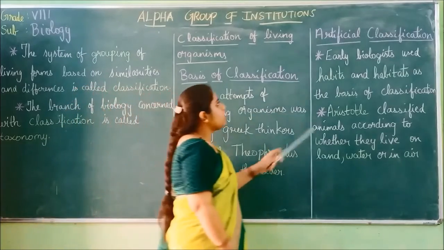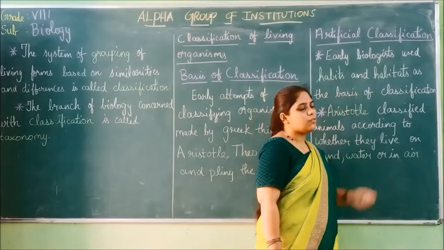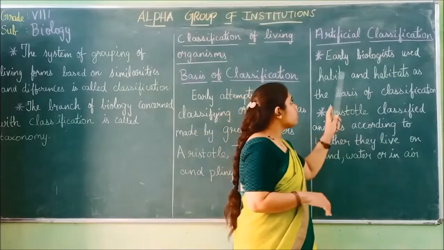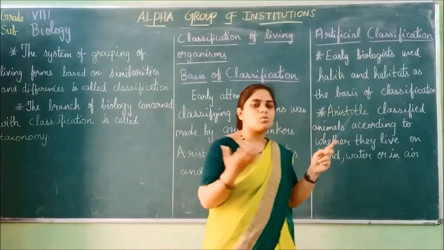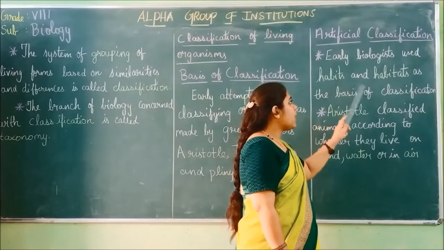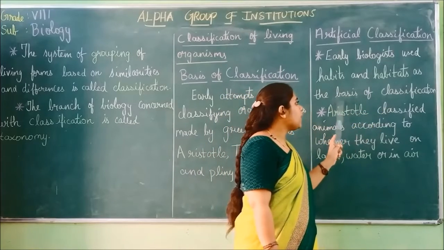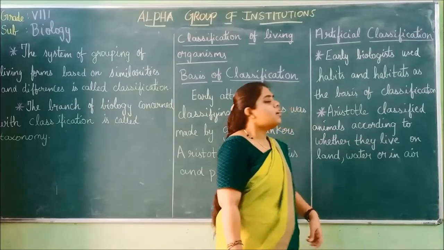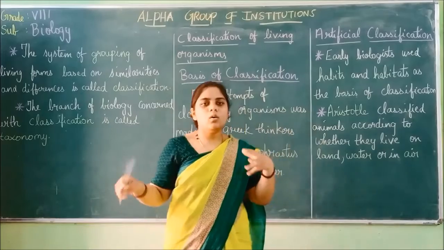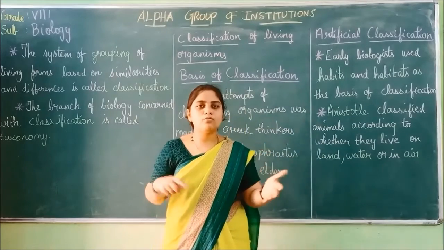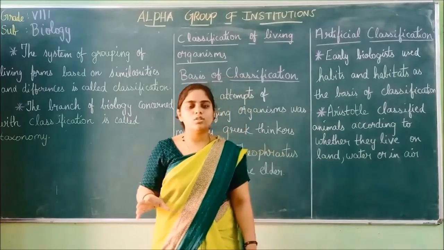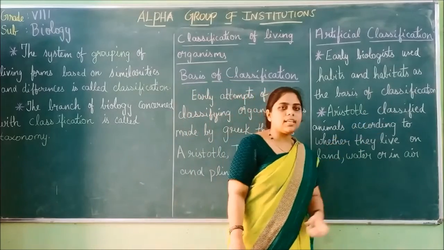And next is the artificial classification. So artificial classification is one method. Early biologists, the biologists who were in the earlier period, used habits and habitats as the basis of classification. So they took the habits, how they eat, how they behave, and the places where they live, which are called habitats.